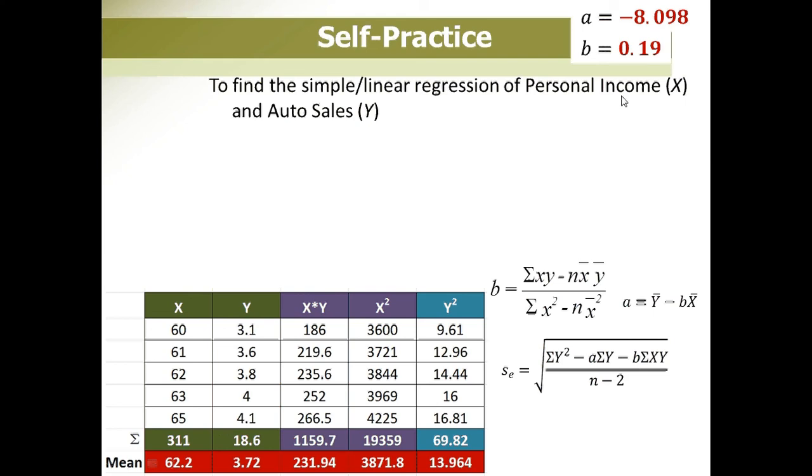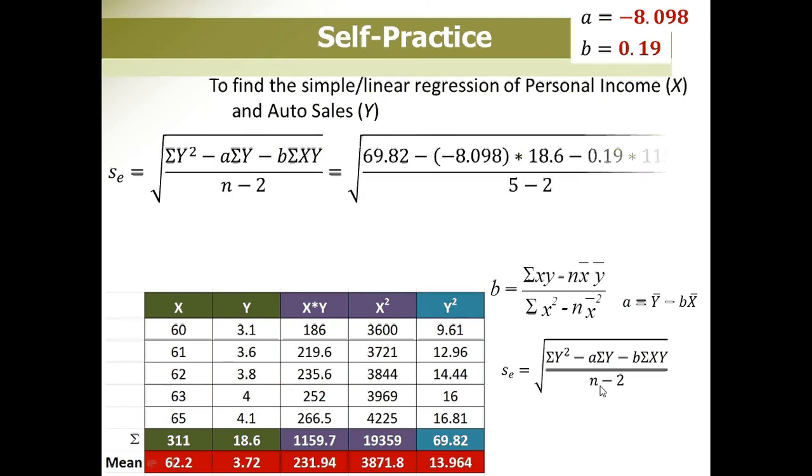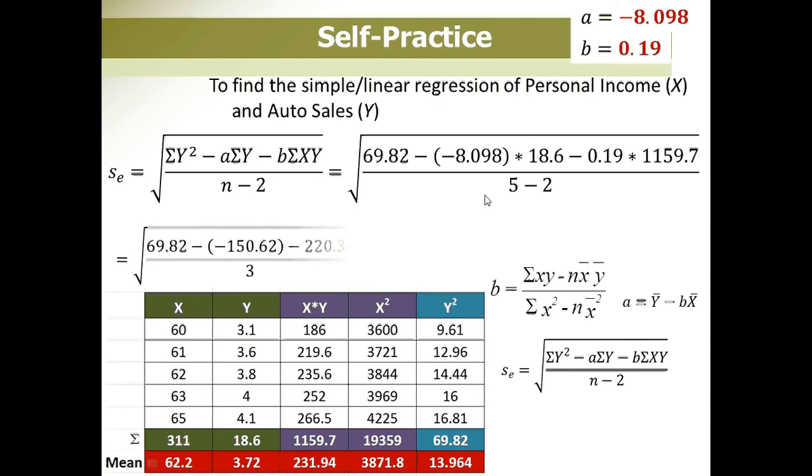And b is 0.19, which we have just calculated. And sigma xy is x times y 1 by 1, and sum them up. That is 1159.7. And N is 5. So we formulate the equation and replace the numbers into it. And then we get the standard error, which is 0.18.